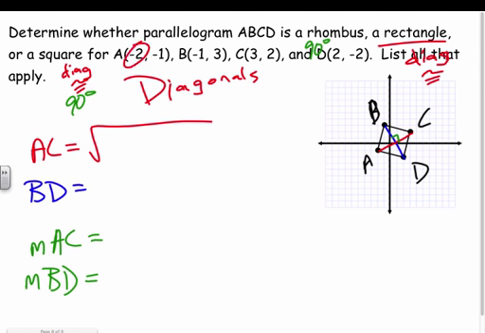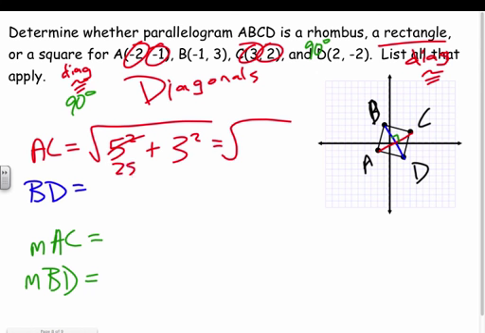Well, -2 and 3 are 5 apart, square it. Find the distance between the y's, -1 and 2 are 3 apart, square it. And then we add those. 5 squared is 25, 3 squared is 9, 25 plus 9 is 34. So the square root of 34, and we can leave it just like that.